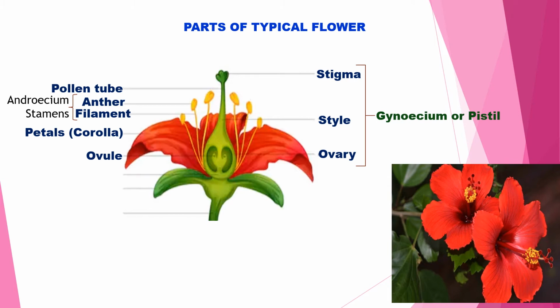Ovule is the female reproductive organ. Ovule is inside the ovary. Receptacle is holding the ovule and the ovary. That base part is called receptacle. Then sepals, or calyx. These are also accessory parts.